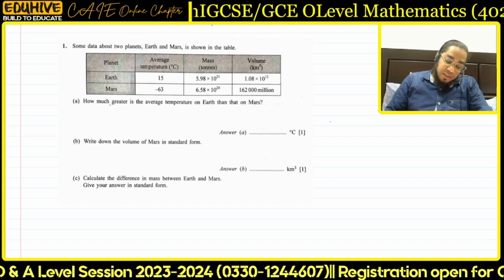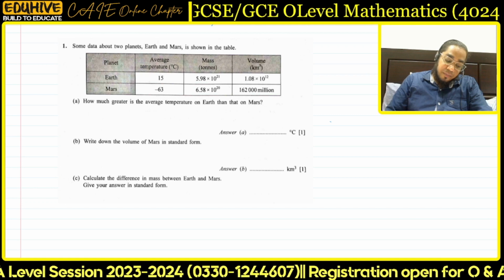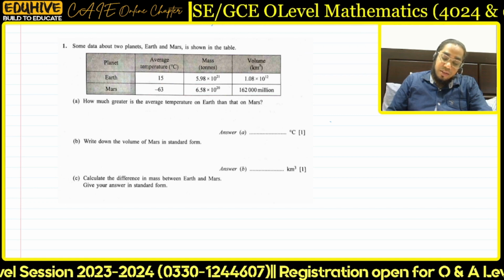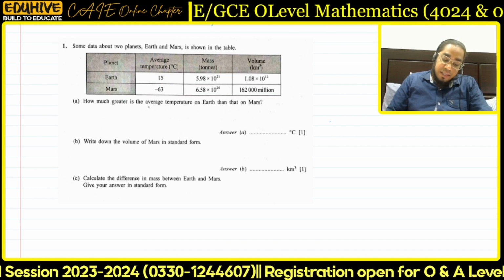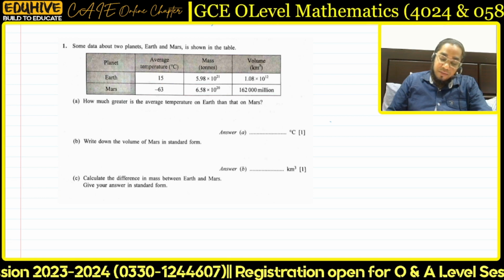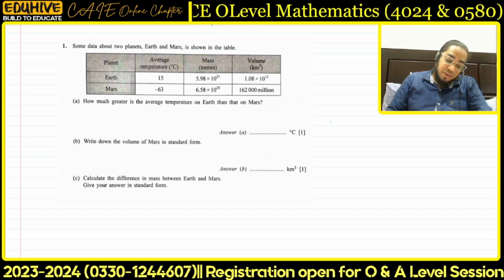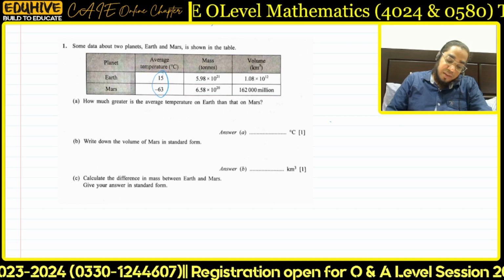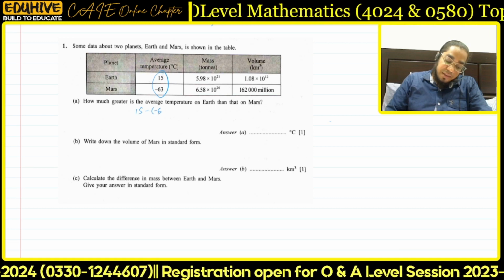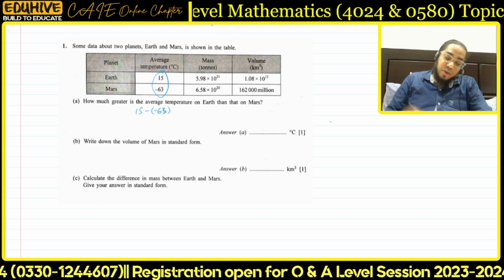Okay, some data about the two planets, Earth and Mars, is shown in the table. Planet Earth, Mars, average temperature, mass, volume, all the things are over here. How much greater is the average temperature on Earth than that on Mars? They are talking about the difference between these two. So it's going to be 15 minus minus 63, because the difference is quite simple.